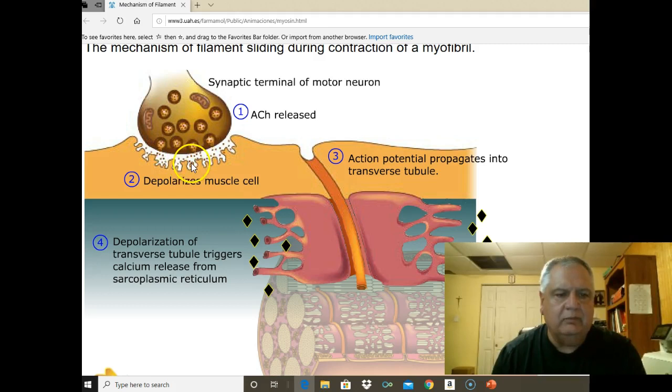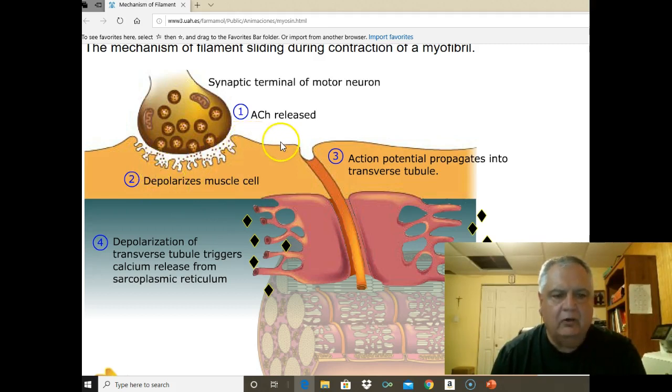The acetylcholine binds to the surface of the sarcolemma, opens up the sodium channels, and sodium rushes to the inside of the cell across the plasma membrane, causing the muscle cell, the sarcolemma, to become depolarized.